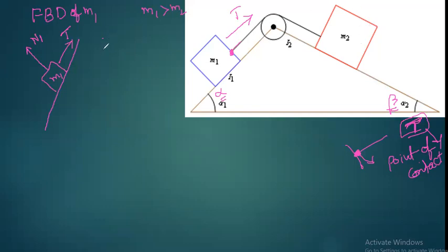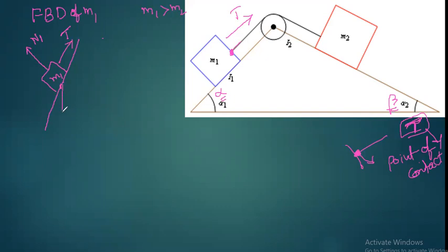Now, normal is acting like this. Which is our important point? That is the acceleration due to gravity. What kind of force is acting, that we have to observe.